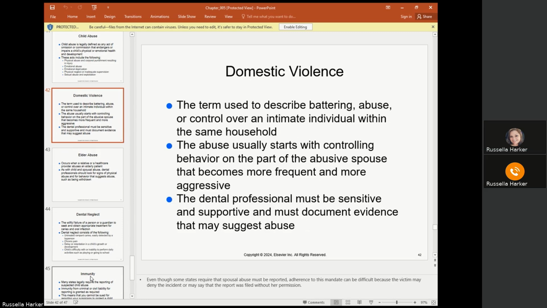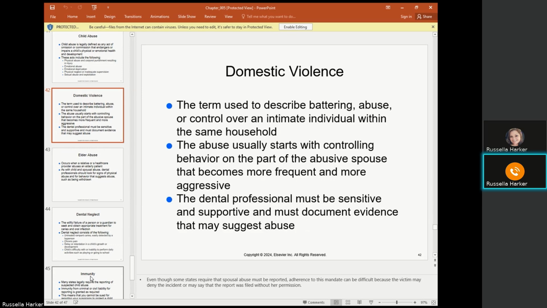For domestic violence, it's the term used to describe battering, abuse, or control over an intimate individual within the same household. It usually starts with controlling behavior on the part of the abusive spouse, and it becomes more frequent and more aggressive. We have to be sensitive and supportive for our patients that we believe are in domestic violence situations, and document any evidence that might suggest abuse.